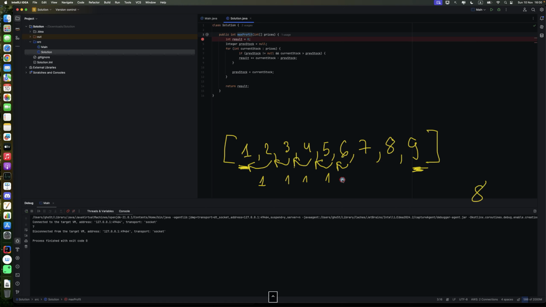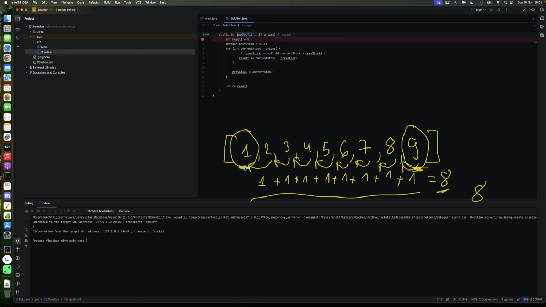And you know the drill now. Everything is 1, 1, 1, 1. Okay. Now let's accumulate this result. 1, 2, 3, 4, 5, 6, 7, 8. So you will not miss the big buy and sell, right? You see this?